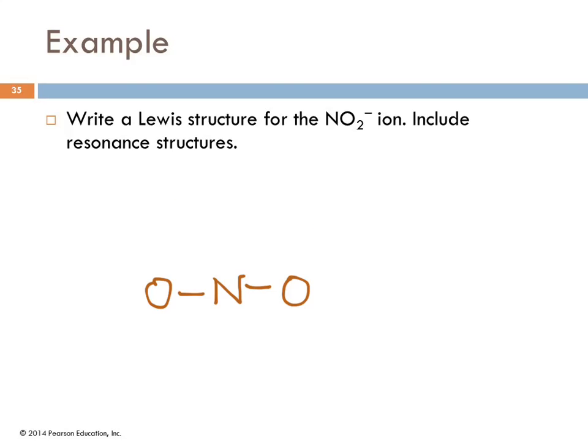So we'll erase that one. And the next thing we need to do is figure out how many electrons we are dealing with. Well, we have 2 oxygens, and each of them has 6 valence electrons. And then we have nitrogen with 5, and the negative sign tells us we need to add 1. So we've got 18.